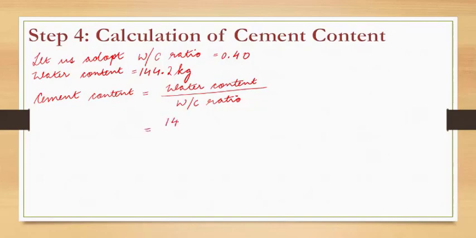Water content is equal to 144.2 kg and water cement ratio is 0.40. So we get this as 362.5 kg per meter cube.